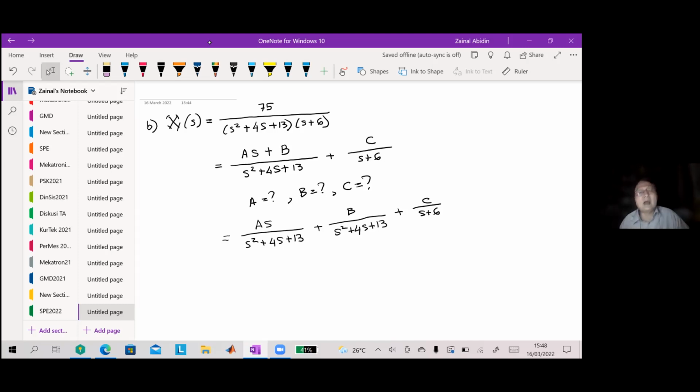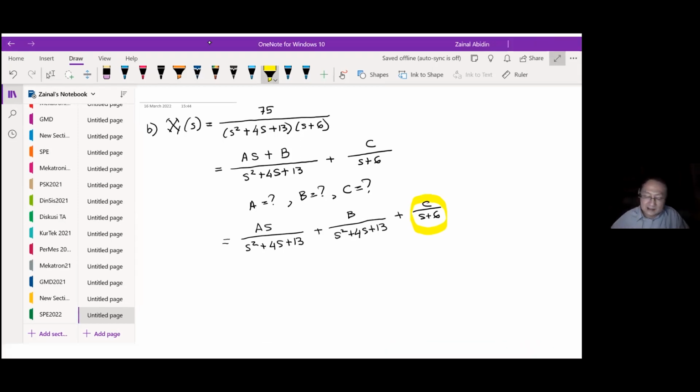Tapi akan susah. Lebih baik kamu pakai identity tadi. Anda kalikan semua dengan S kuadrat plus 4S tambah 13 kalikan S tambah 1. C-nya bisa dicari, tapi A dan B-nya akan sulit.